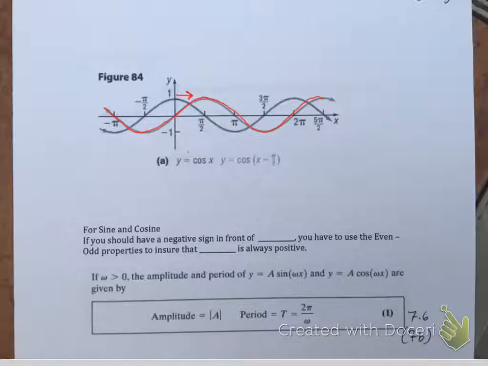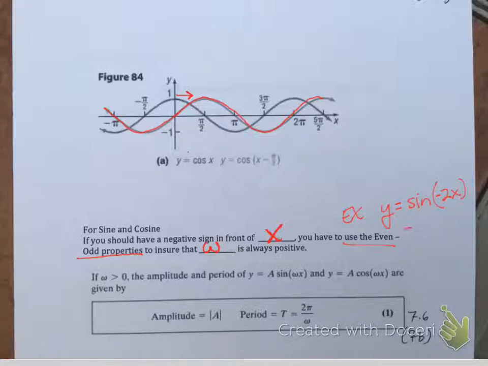If you have a negative sign in front of x, so if you have a negative inside, where omega is, you have to use the even odd properties first to ensure that omega is always positive. So an example of this would be if I have y equals sine of negative 2x, you have to apply the even odd properties first.